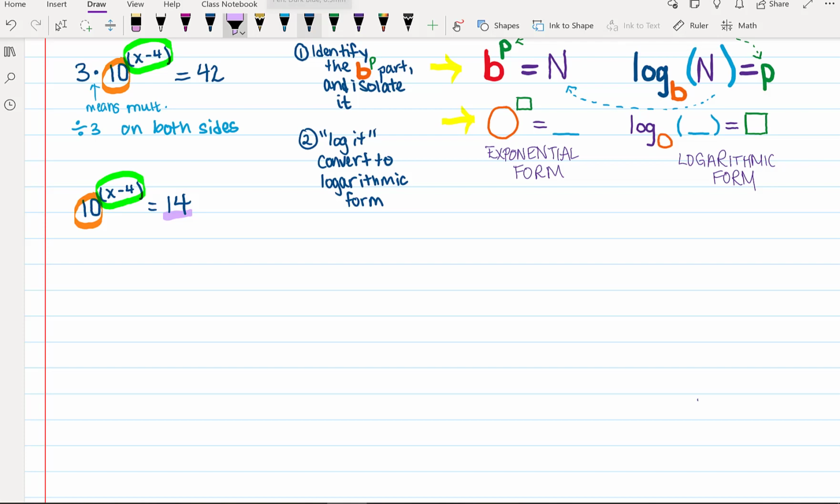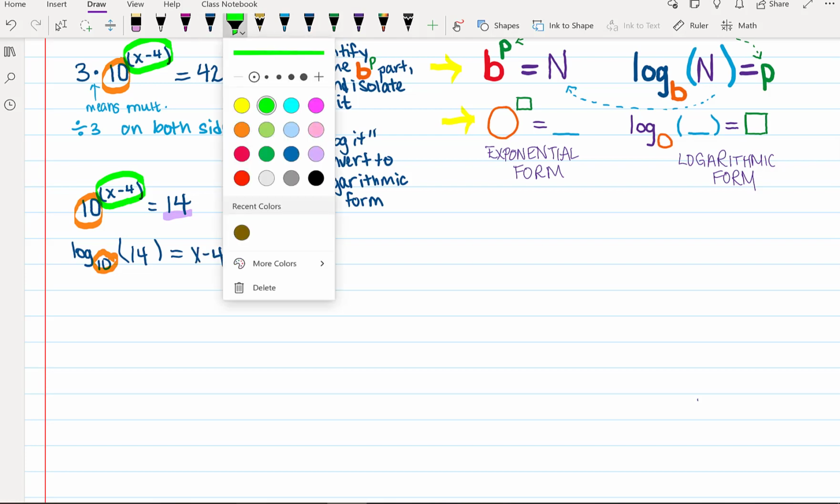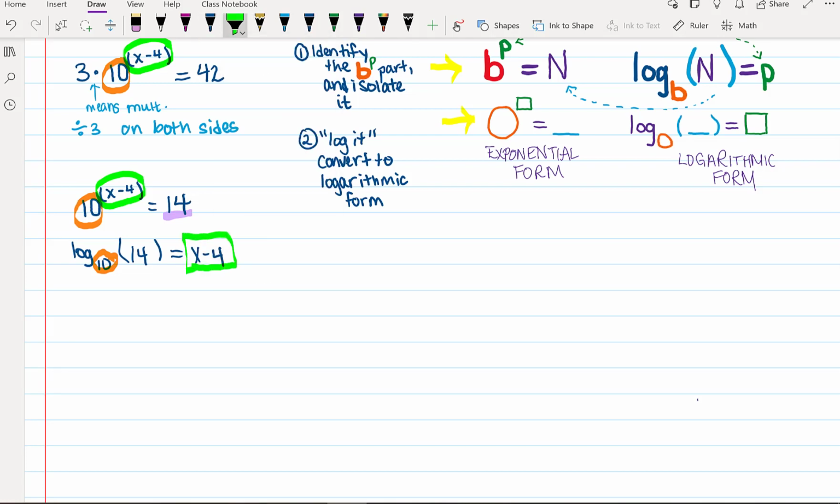So when I write my equivalent version, I'm going to write log. I want to keep the base as 10, because that's my base, of 14, because that's where the output has to be, and then it's equal to my exponent. So the exponent is now one side of my equation, and that means I can get at the variable.